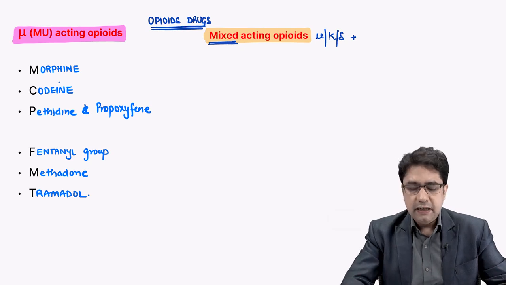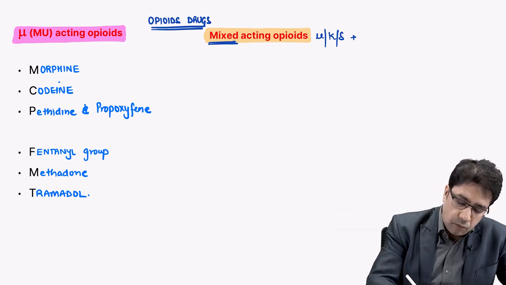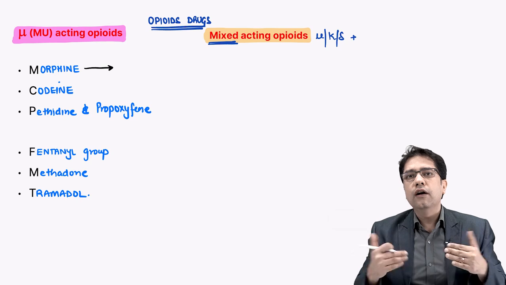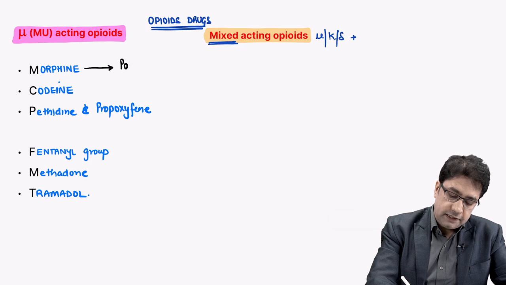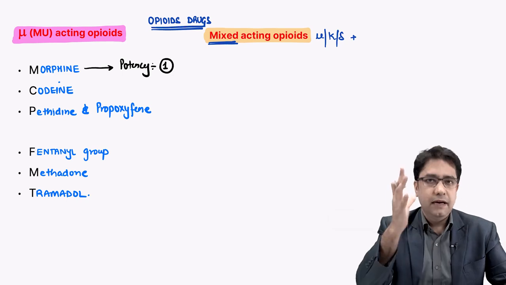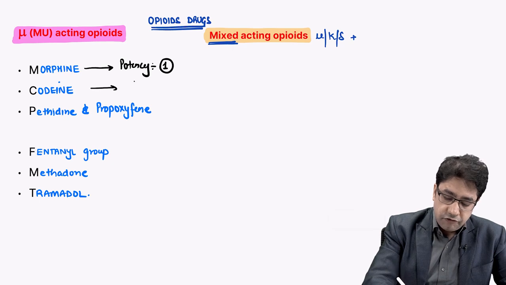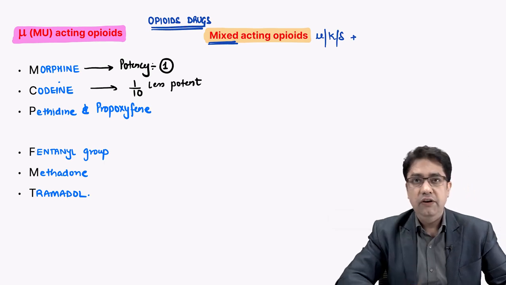Before starting individual drugs, let's compare their potency. Remember, morphine is the reference drug, or you can write prototype drug, and we compare all other drugs with respect to morphine. Let's say the potency of morphine is 1, and we have to give 1 milligram of the dose. Codeine is 1/10 times less potent as compared to morphine.